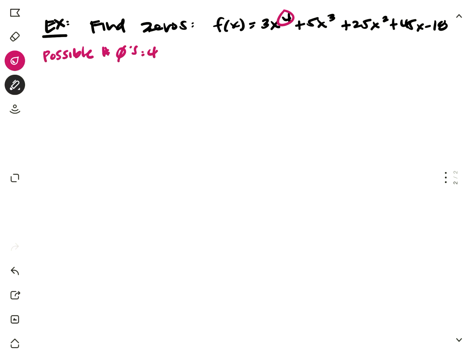Because we're doing the graphing, maybe it's not necessary for us to do it that way, but you can do it. If not, then we can skip that step. So let me write this down so we can graph it: 3x to the 4th plus 5x cubed plus 25x squared plus 45x minus 18.